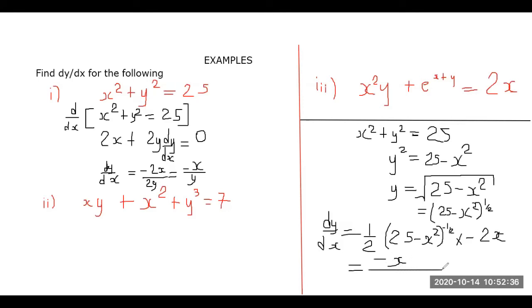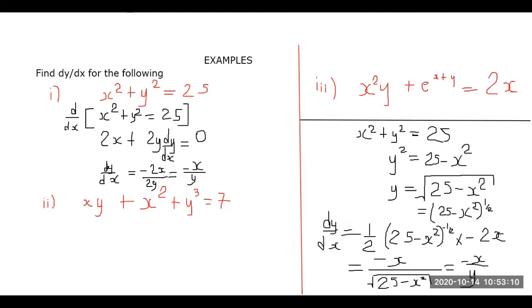And whenever you have something in the numerator raised to a negative power, it can become 1 over this thing, in the denominator. So that part becomes the square root of 25 minus x squared. We said that right here, that is y. And so dy by dx works out to be minus x over y.